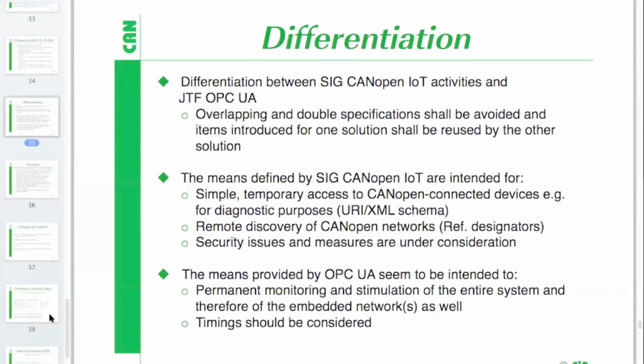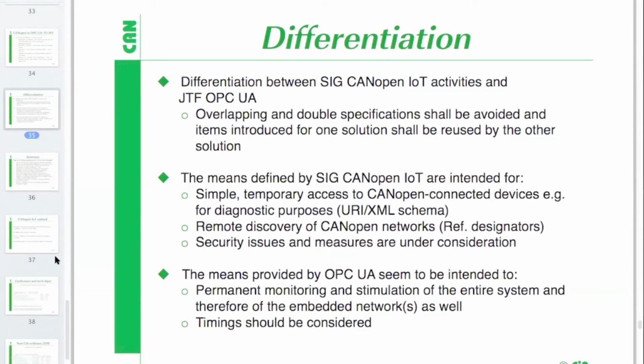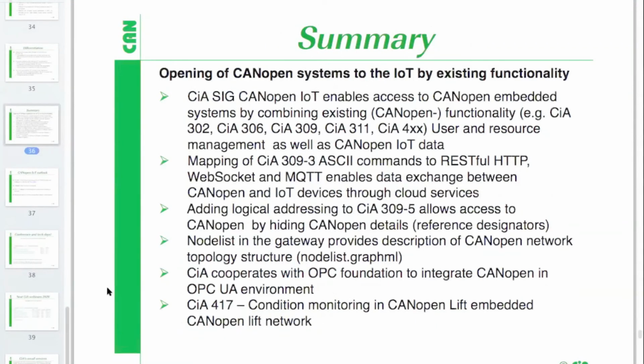So there are only a few slides left. I hope we have still time. Based on this one, you learned some things about what we do actually. We have CANopen IoT, we have certain solutions, we have independent solution from IoT, we have our data which are collected into network, the data interface for condition monitoring for lift application.